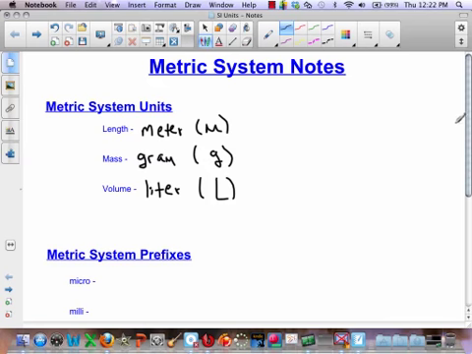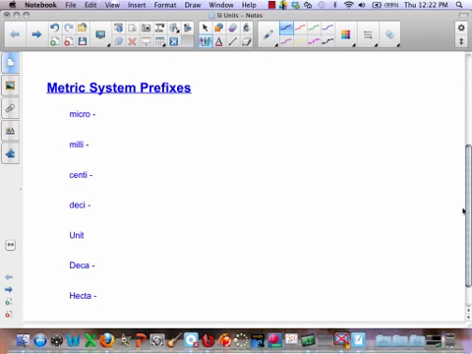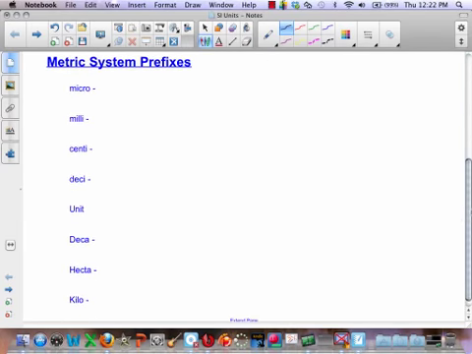And then what we do is we throw a bunch of prefixes in front of those units. Here's the nice thing with the metric system. When you're converting units, it's really easy because all you do is move the decimal.